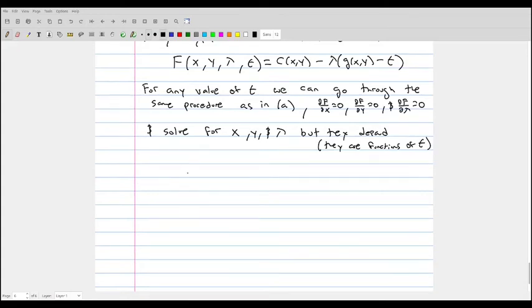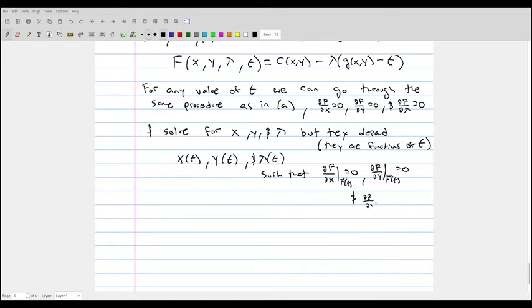So let's say we do that. We go through and we get x of t, y of t, and lambda of t, such that the x partial derivative at this r of t equals 0, the y partial derivative at r of t is equal to 0, and the lambda partial derivative is equal to 0.